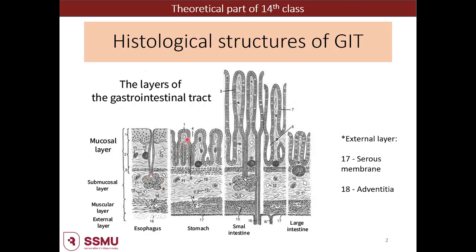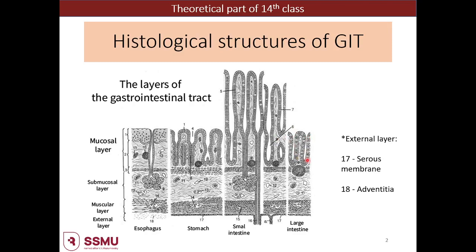In the stomach, all important glands are localized in the mucosal layer, and the epithelium is prismatic or cylindrical, glandular epithelium, and it forms some crests and papillae. In the small intestine we may see really high epithelium and large crests. In the large intestine we may see short crests.